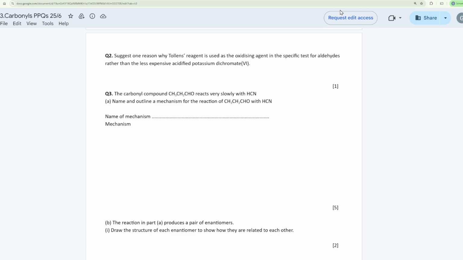Carbonyl compound CH3CH2, new mechanism. Okay, this one we can do, and it's 5 marks. So the mechanism is nucleophilic substitution. Was it addition? It's addition, right? Yeah.